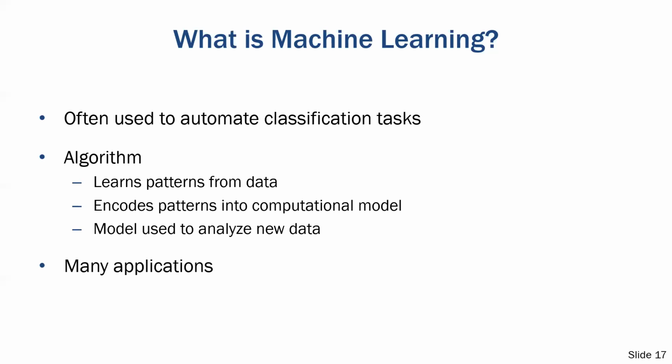We were calling it a classification task: taking some input data, in our case project abstracts, though it could be any kind of input data, imagery, or other types of numerical data, and teaching an algorithm to learn patterns from that input data, to encode those patterns into a computational or statistical model, and then finally using that model with those patterns to analyze new data and make predictions or make decisions about that data, to interpret it in some way.